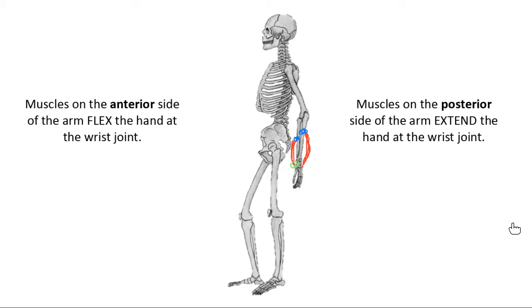So our big muscles that live on the back side of the arm are muscles like Extensor Digitorum or Extensor Carpi Radialis. We said that the ones that live on the back do extension. Well, their name tells us that they do extension too. So if you live on the back side of the arm, you're an extensor. You'd pull the hand backwards, farther away from the radius and the ulna. If you live on the front side, you're going to pull the hand forward. You're going to do flexion.